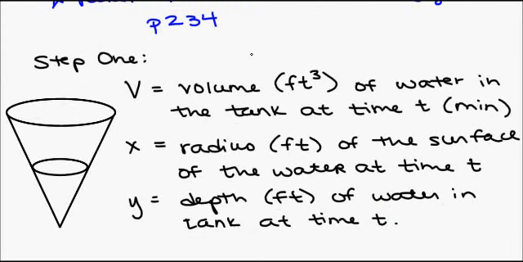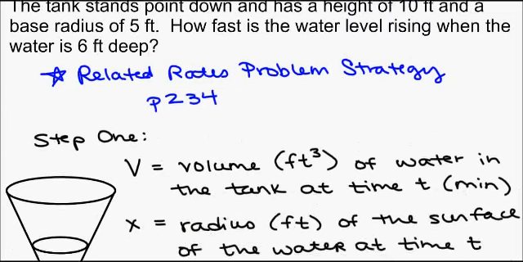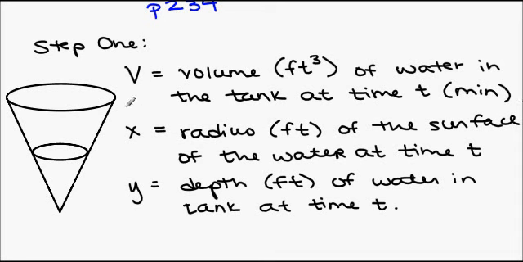Okay, and I've drawn a picture here for you so you can see our tank. So it is a conical tank, and it is 10 feet high. So from here straight down to the ground is 10 feet.